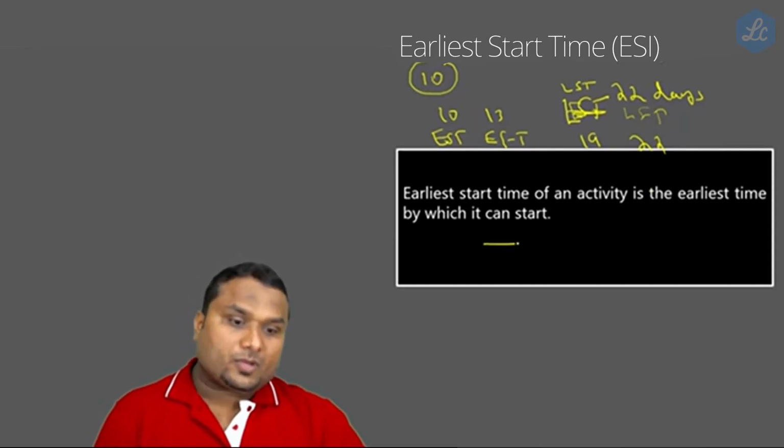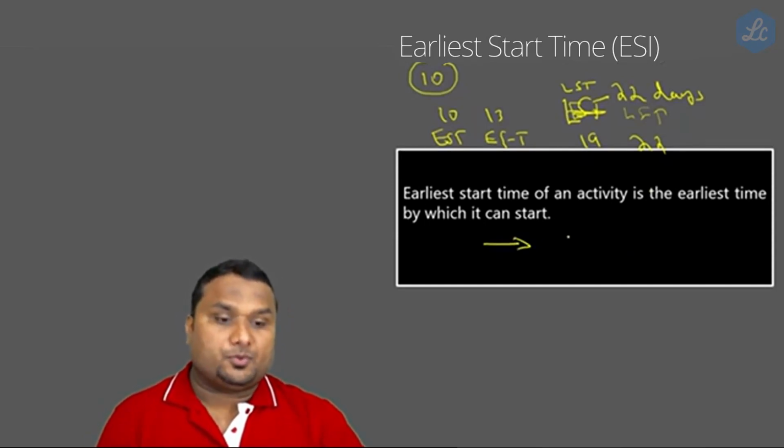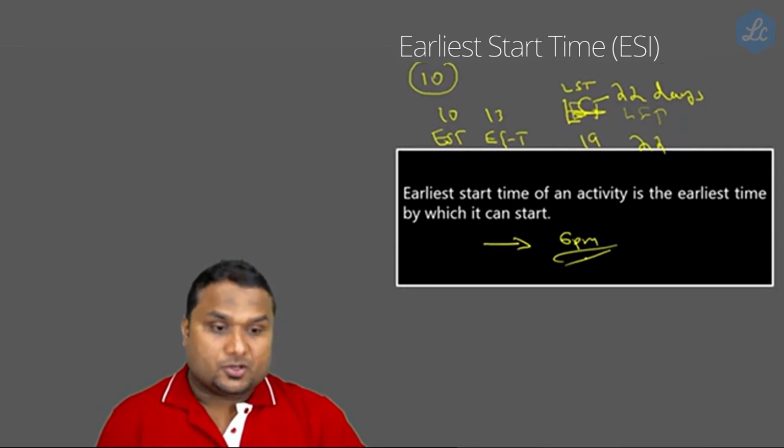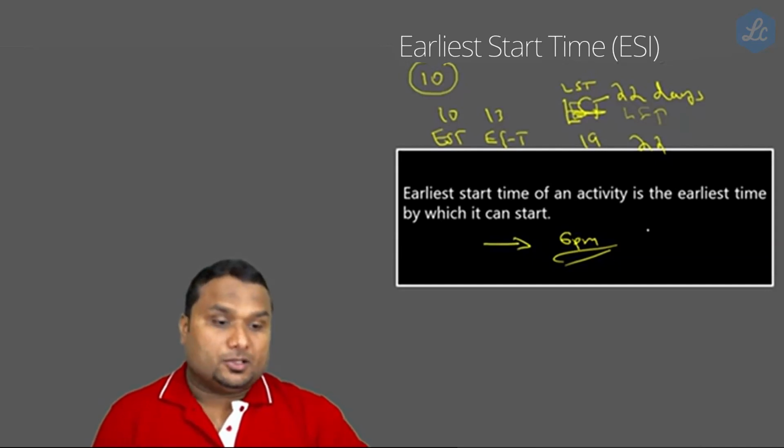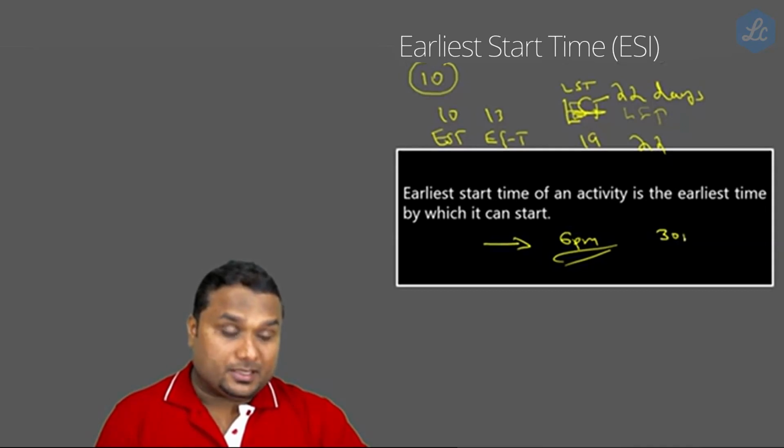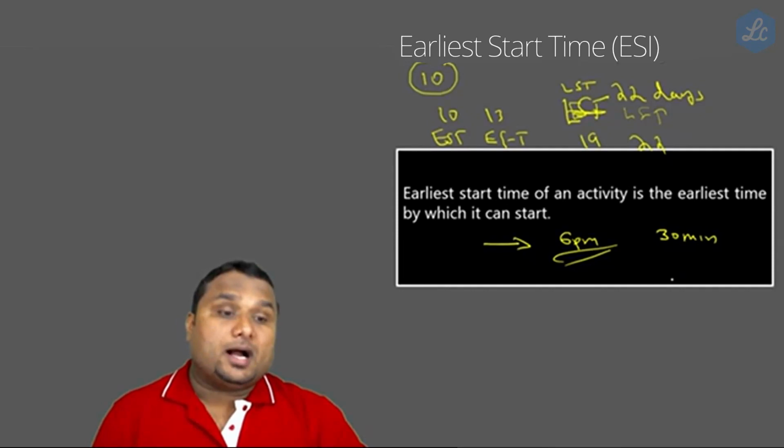Suppose your father told you that you are supposed to reach home at 6 p.m. What is the time which is given? 6 p.m. The duration from your office to home is 30 minutes. At what time are you supposed to start the travel?